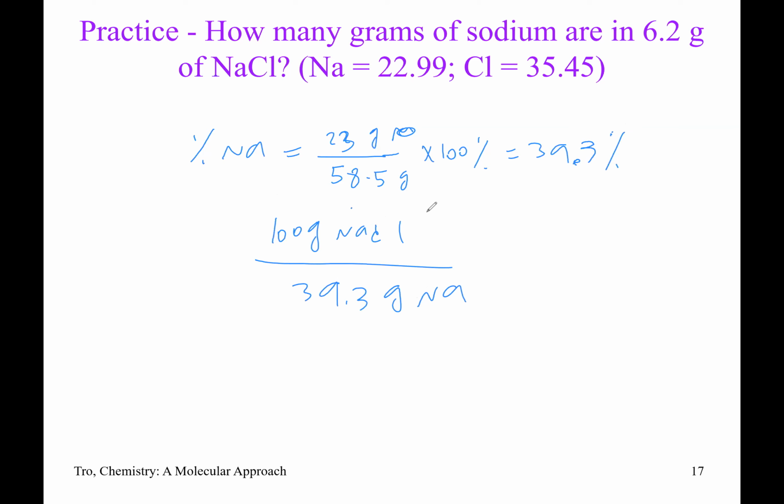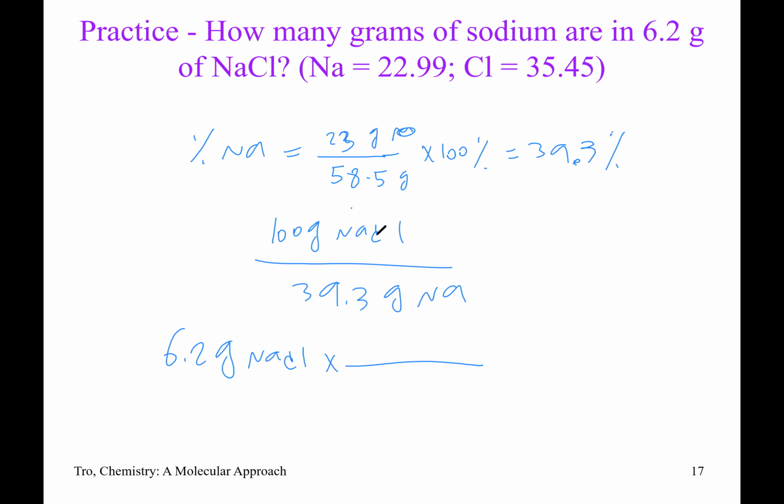So the question is, how many grams of sodium are in 6.2 grams of NaCl? So we can use this conversion factor. We always start with the given. What is given here is 6.2 grams of NaCl. What should be my conversion factor?